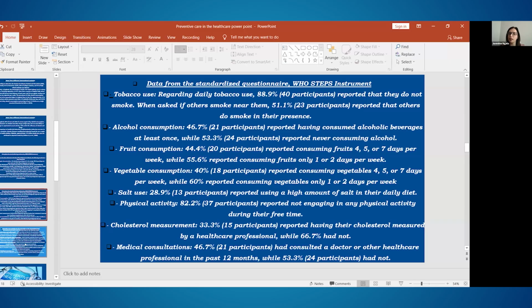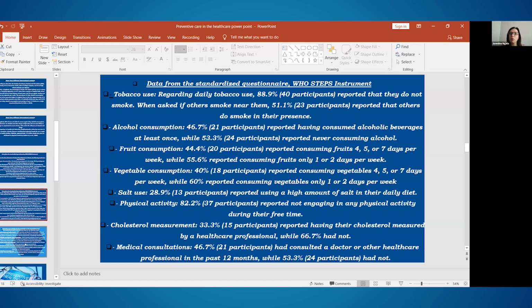So I will continue with the habits of the daily routine. Tobacco use. Regarding daily tobacco use, about 89% reported that they do not smoke, but when we asked if others smoke near them, about half of the participants reported that others do smoke in their presence.